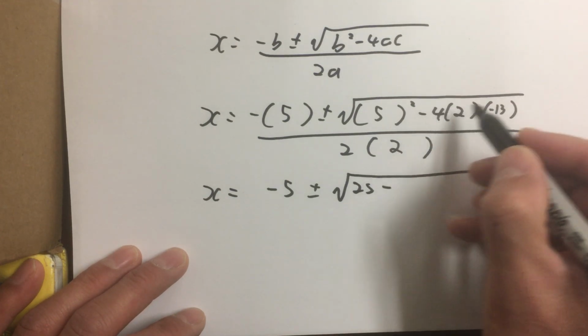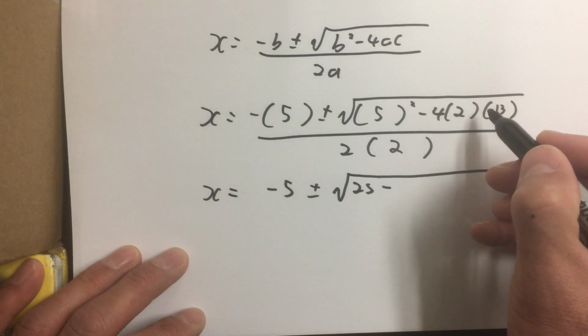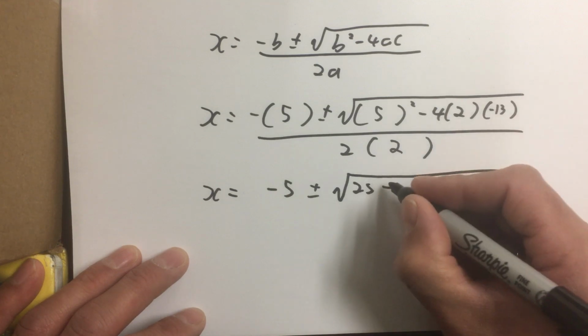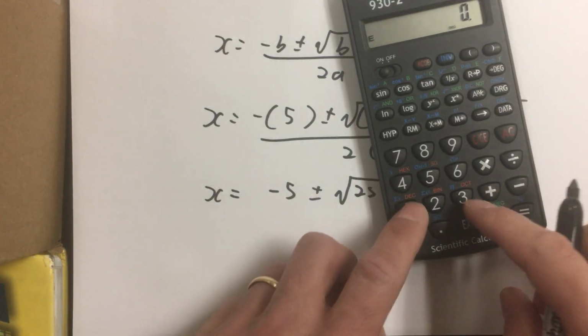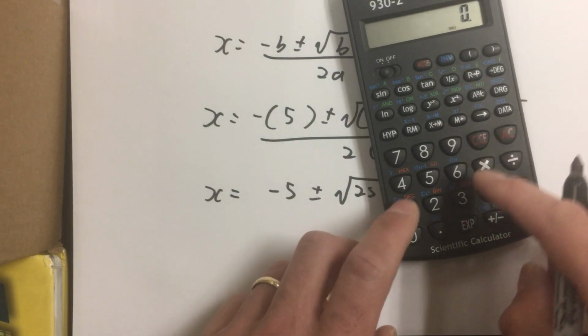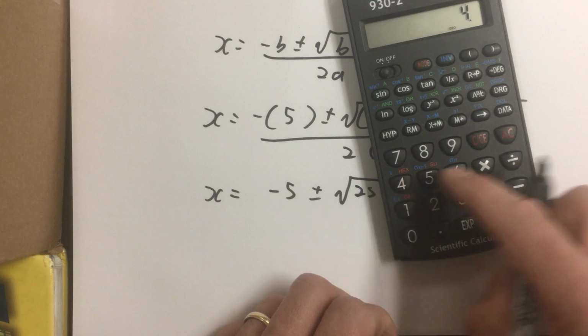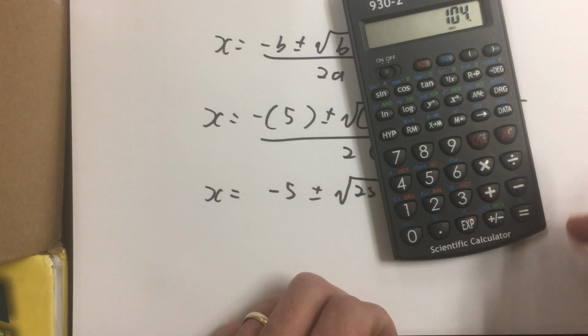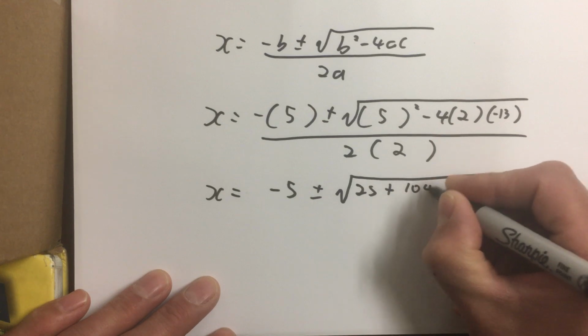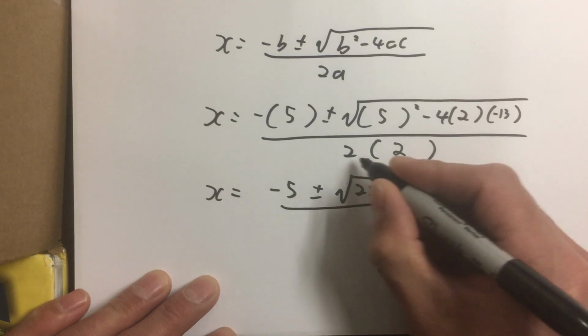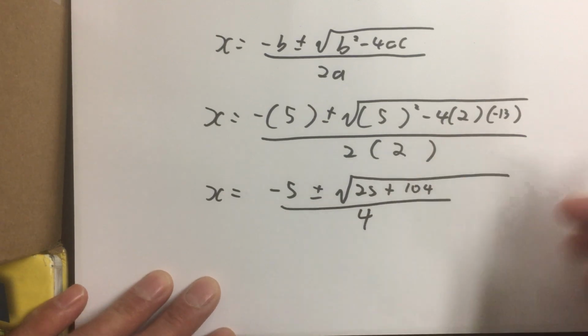Now, I've got 2 negatives that are being multiplied together. It's going to become a positive. 4 times 2 times 13 is 104. And then 2 times 2 is 4.